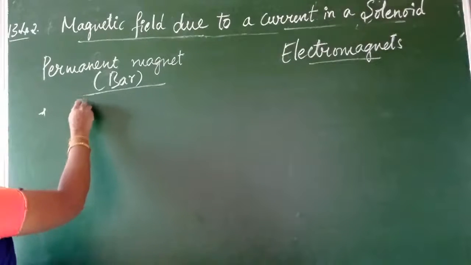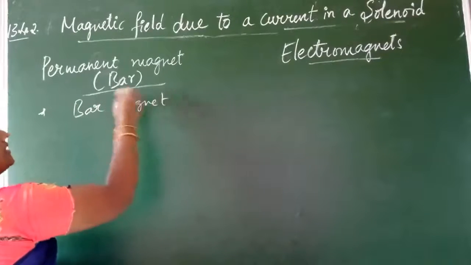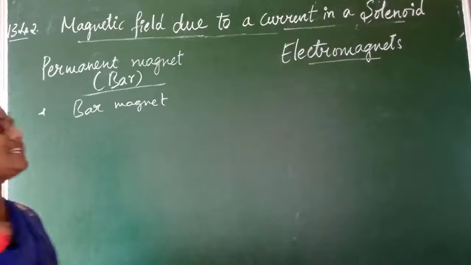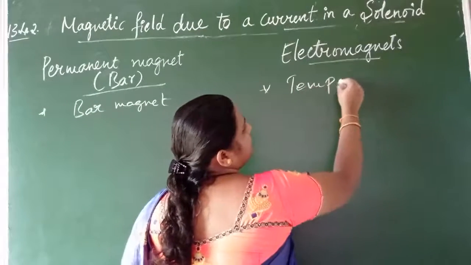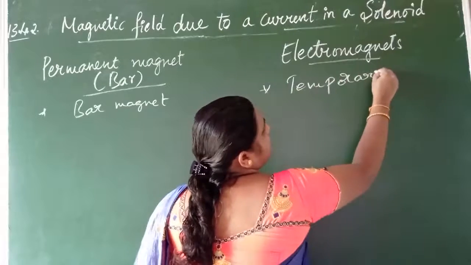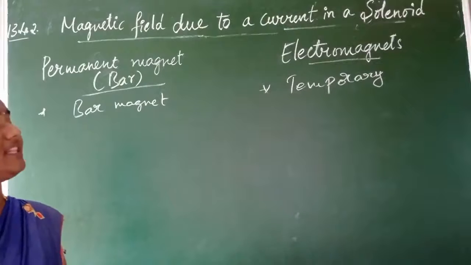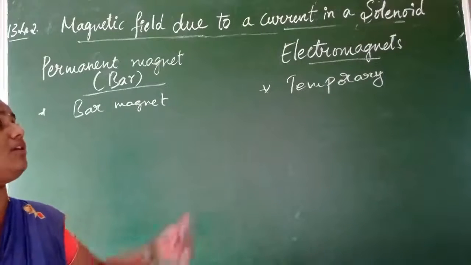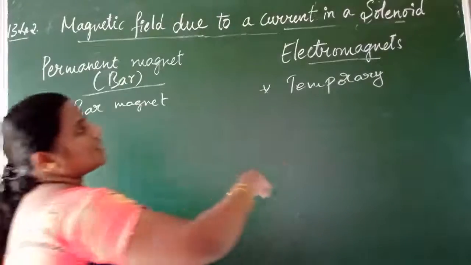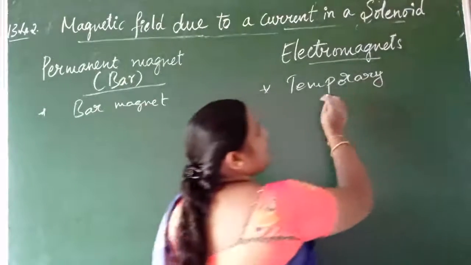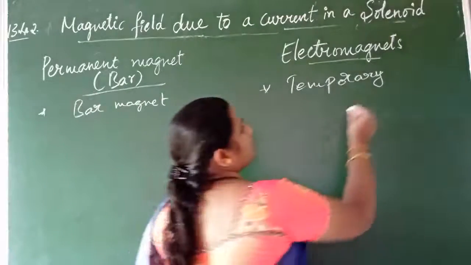Generally, a bar magnet is called a permanent magnet, whereas electromagnets are temporary magnets. When the current is switched on, they behave like a magnet. When the current is switched off, they are no longer magnets. So it can be called temporary. The meaning of temporary is only for a period of time.